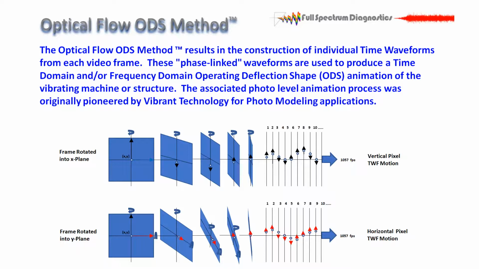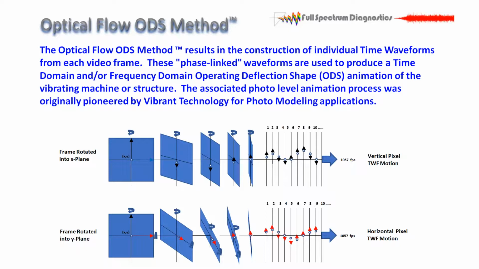If we're doing a frequency domain ODS, we have to have one point that's the reference point. We know how it's moving, and we have to have a roving measurement that moves around the structure. So now you're taking two measurements. You're taking an amplitude from the roving measurement, and you're taking a phase difference from the difference between the roving and the reference. I'll get more into that in a couple minutes here, but didn't want to confuse you.